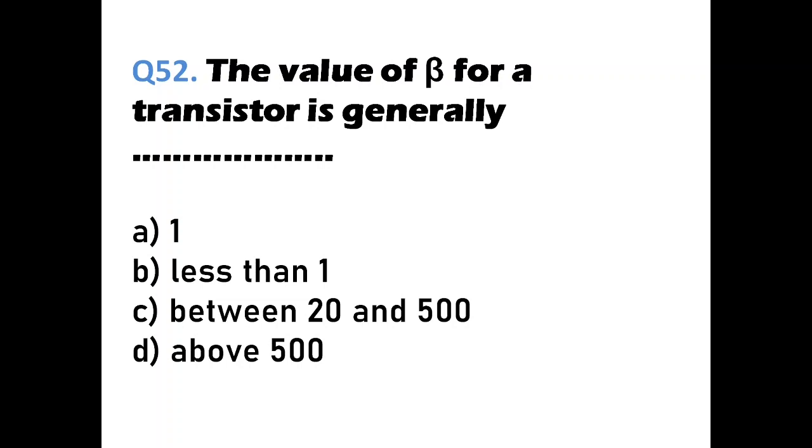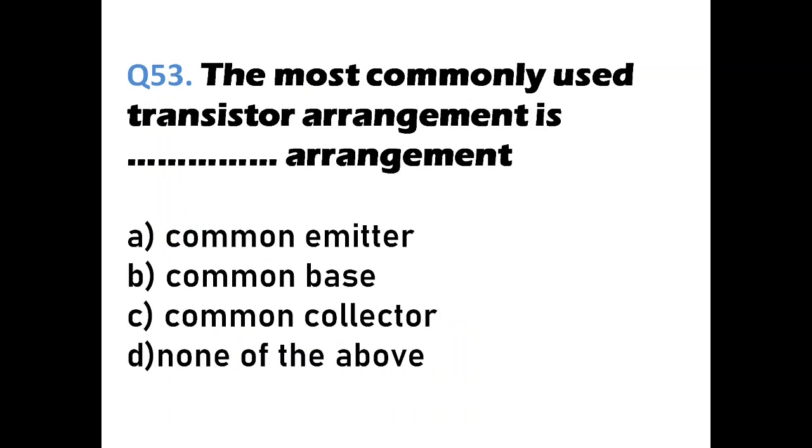Practically it is in the range of 20 to 500. So the value of beta for a transistor is generally between 20 and 500, the range in which you can have your current amplification factor beta in common emitter configuration. Next we'll go to question number 53.